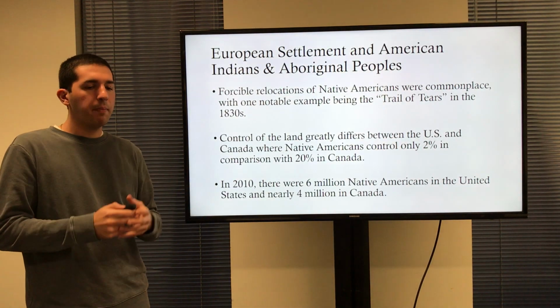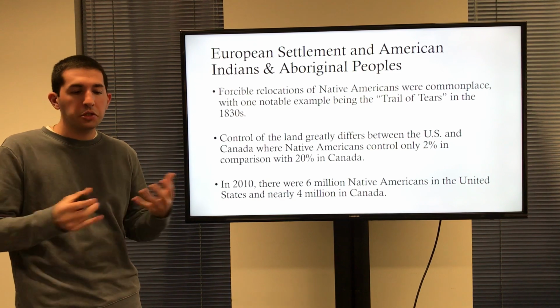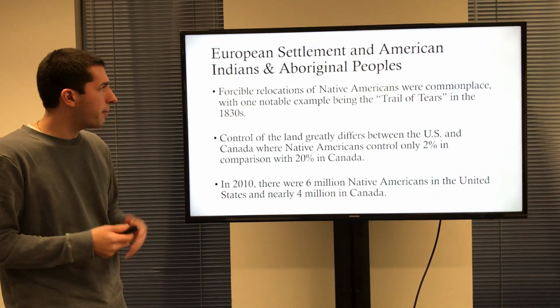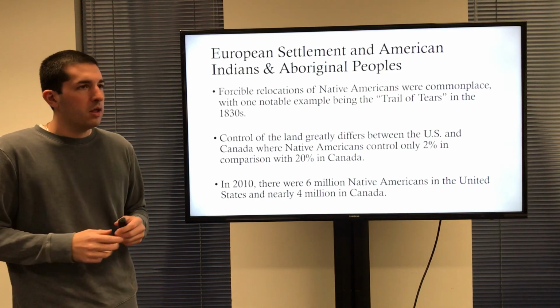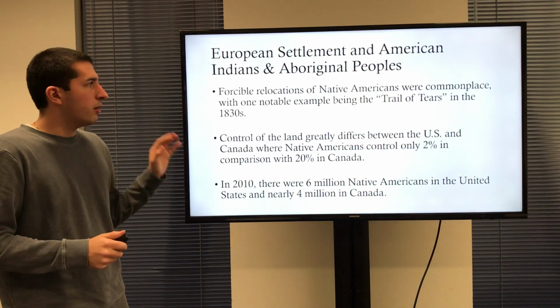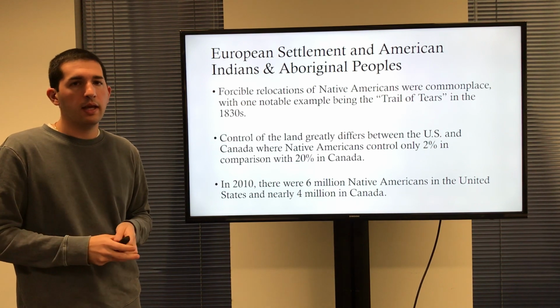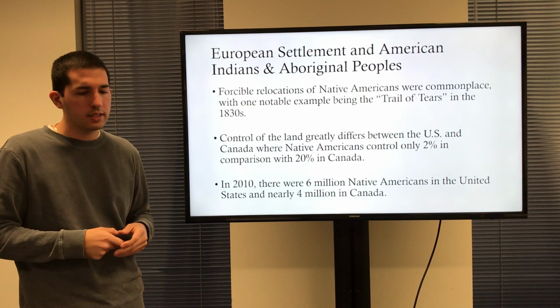To sum up this European settlement and the interactions with American Indians, Native Americans, and Aboriginal peoples, there was the forcible relocation and movement of Native Americans, and that was commonplace at this point in time in the United States.